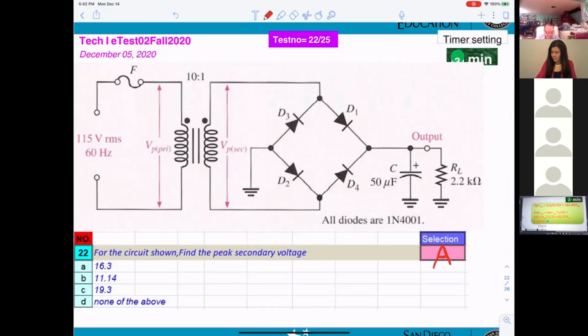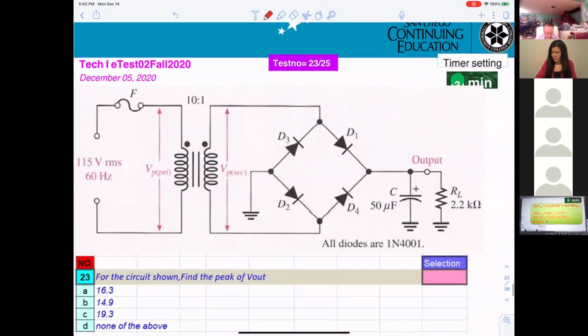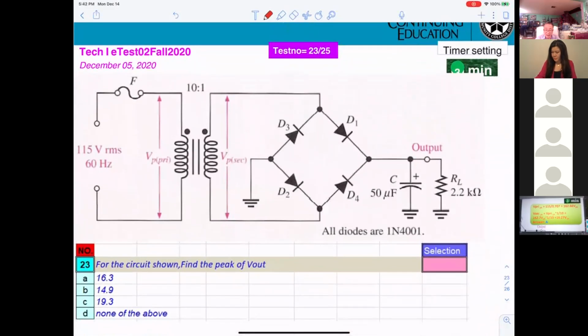Okay. Thank you. 23. Find the peak of the V out. 23, I got B. Perfect.